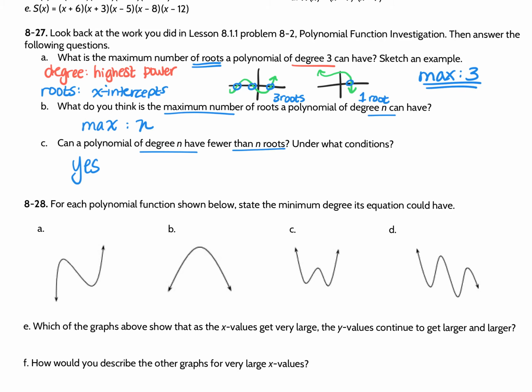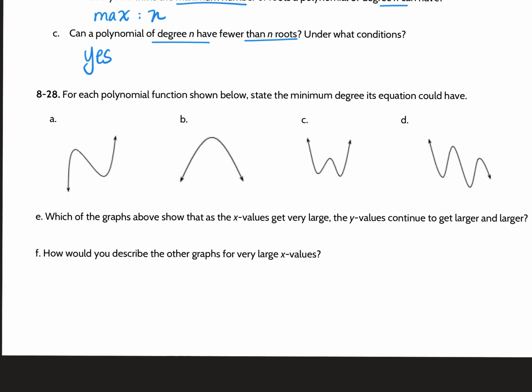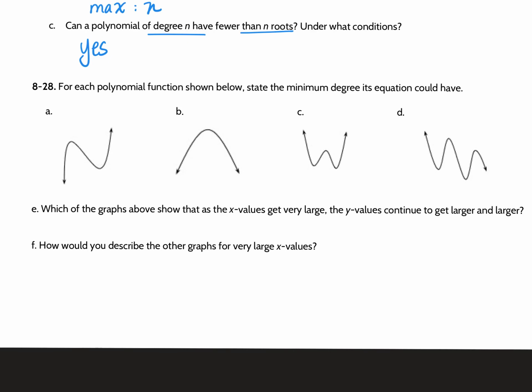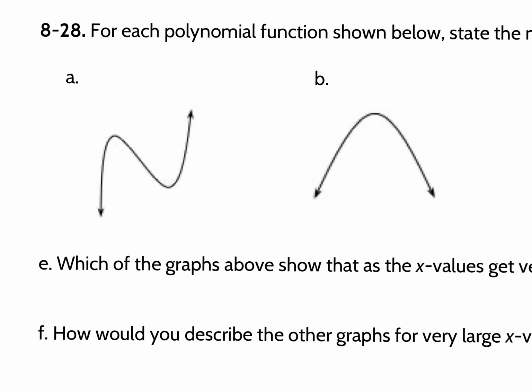Okay, so let's look at this next problem. We're going to kind of talk about one of these together, and then I'm going to have you do the same thing on your own. And actually, I'm going to talk about 3 different things here because I want us to start seeing the relationships that are taking place. So the first thing I want us to look at is what's the maximum number of roots there could be? Okay, that's our first question.